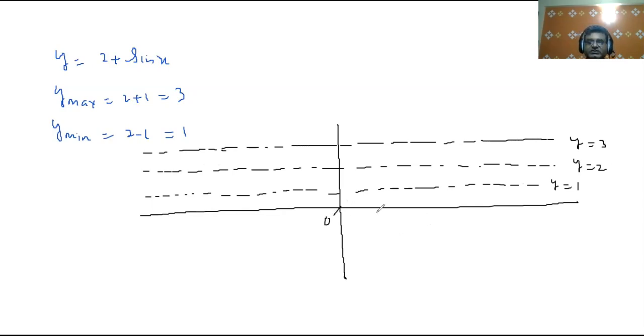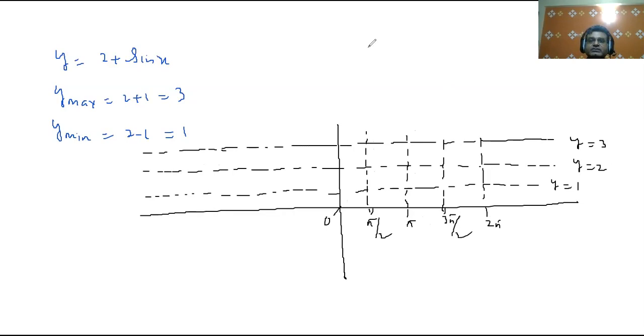So there is no change in the pattern. So you can just see how the graph changes in this case.